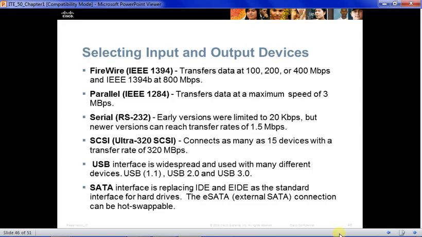The eSATA, the external SATA connection, can be hot swappable. Also remember that USB and FireWire are hot swappable. You want to know the designation number and then the common name. So for example, you want to know USB, and its common name, like FireWire and the IEEE 1394.